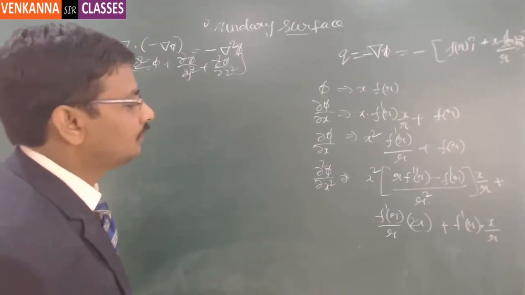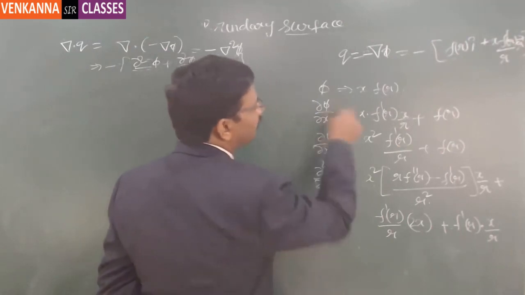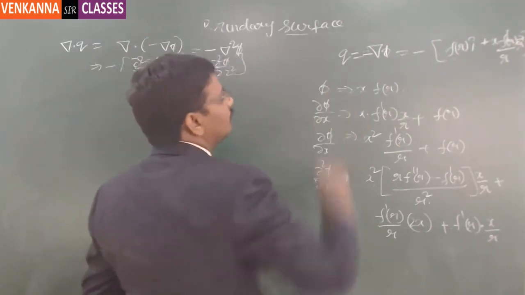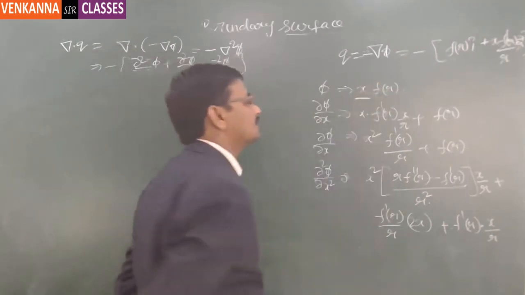This we need to simplify, and then ∂phi/∂y. But ∂phi/∂y will be different because you are taking the derivative with respect to y, whereas in the case of x there is one x extra.